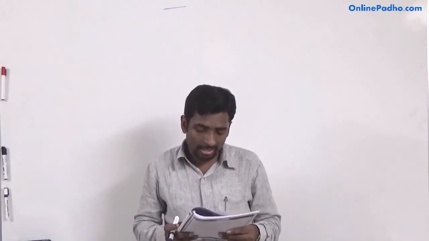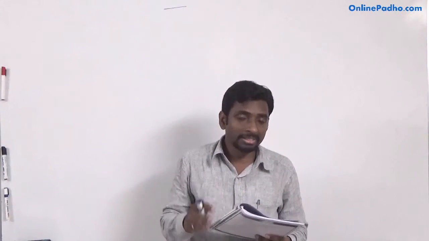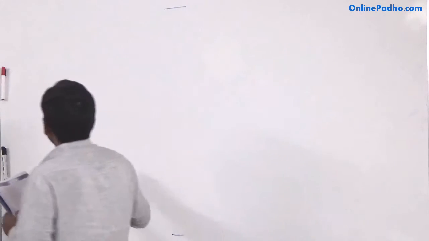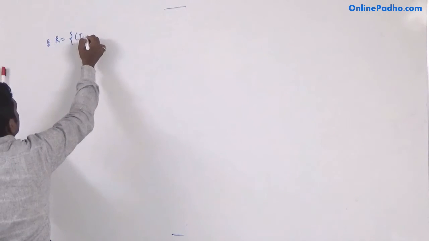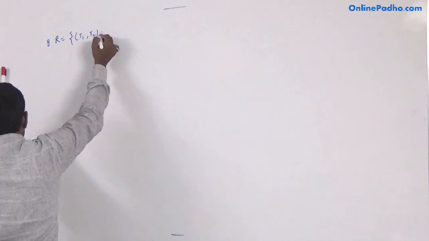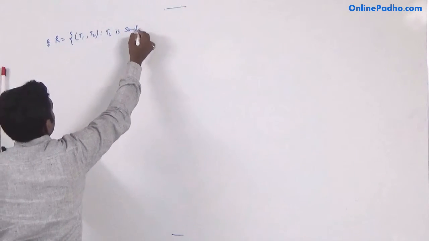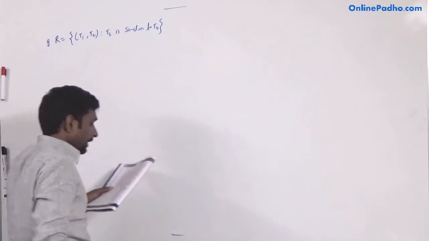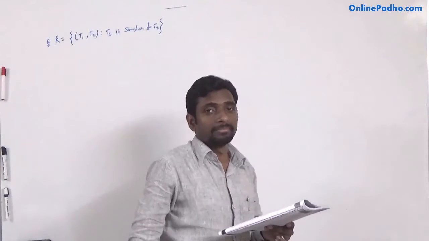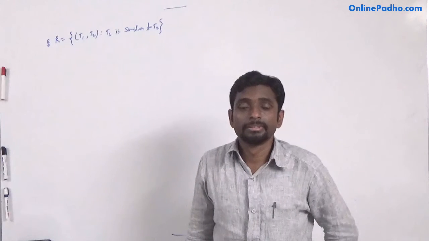Prove that the relation R defined on the set A of all triangles, where R is (T1, T2) such that T1 is similar to T2, is an equivalence relation.